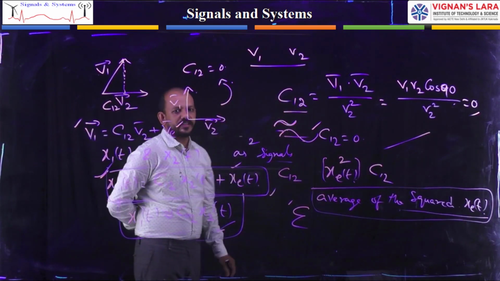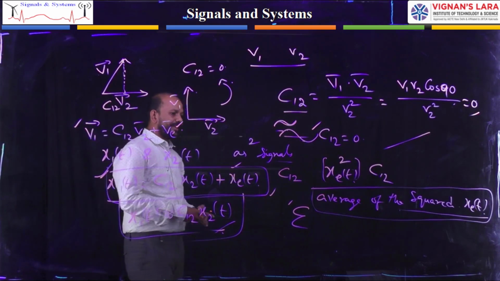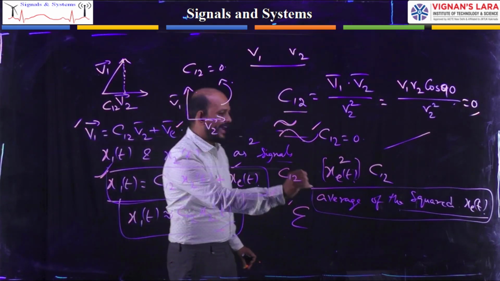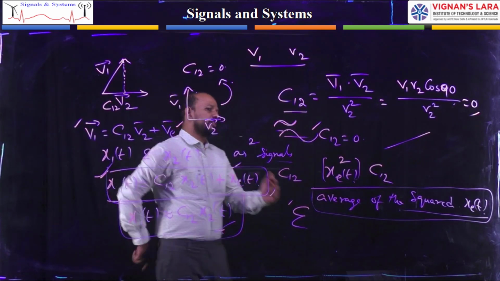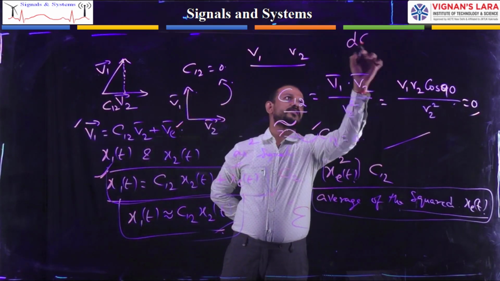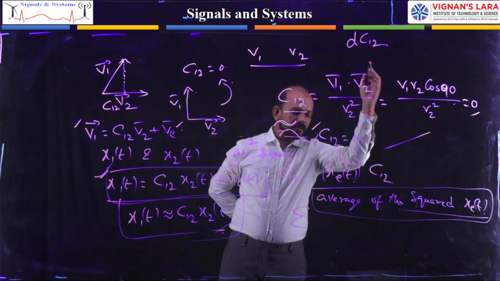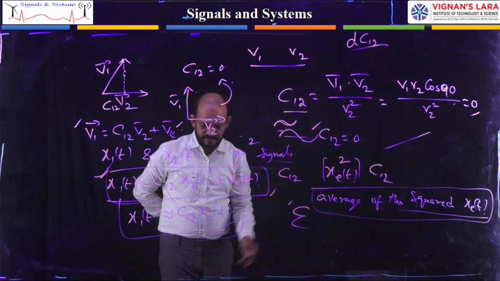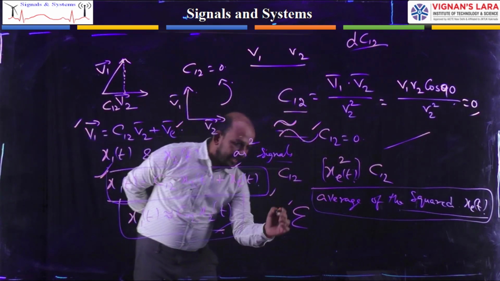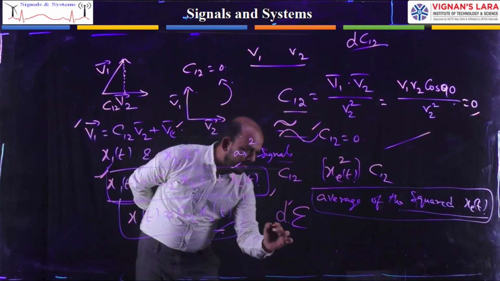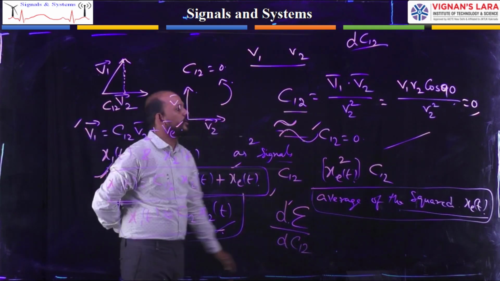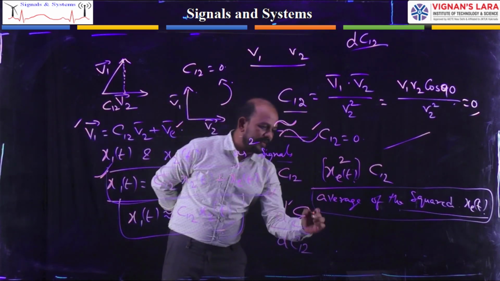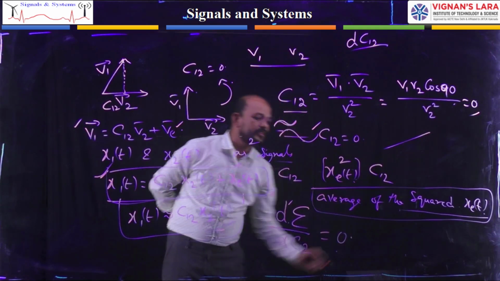The condition to get the minimum value of the average of the squared xe of t is: I am writing here, the differentiation of this one with respect to the constant c12, and making that complete thing equal to 0.